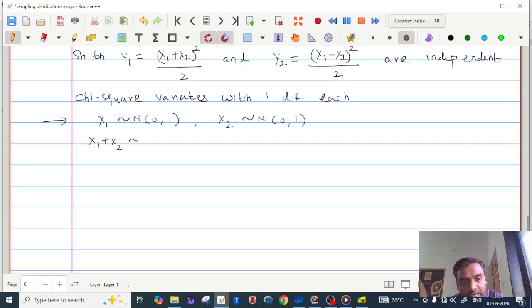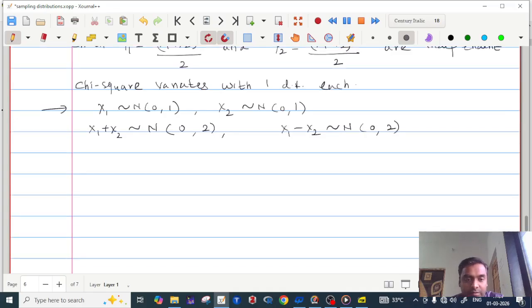By the additive property, x1 plus x2 follows normal. The additive property says if x1 follows normal mu1, sigma1 squared and x2 follows normal mu2, sigma2 squared, then x1 plus x2 follows normal mu1 plus mu2, that is 0, and sigma1 squared plus sigma2 squared. And x1 minus x2 will be normal mu1 minus mu2, that is 0, and sigma1 squared plus sigma2 squared, that is 2.